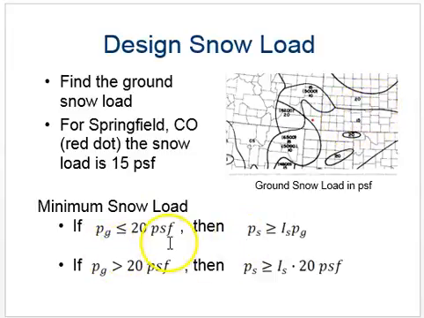So our minimum snow load, where PG is less than 20, 15, that's less than 20, so our PS is more important than this. If PG is greater than 20, then PS has to be greater than IS times 20 PSF. We'll see some examples with this, and hopefully this will become a little bit more clear how we use each one of these.